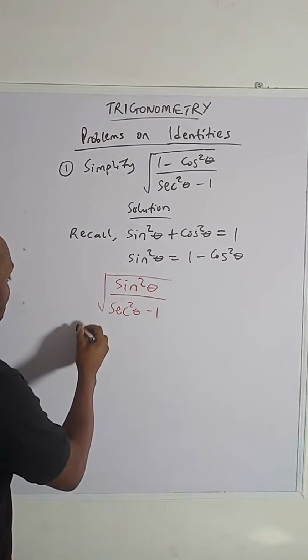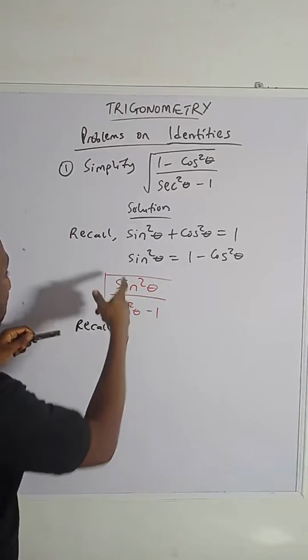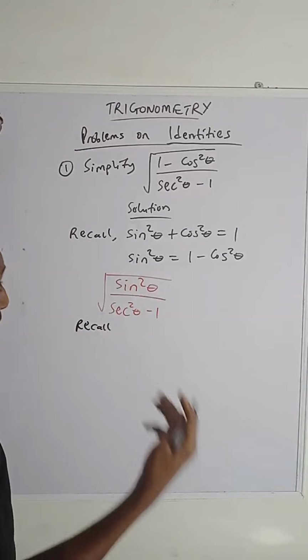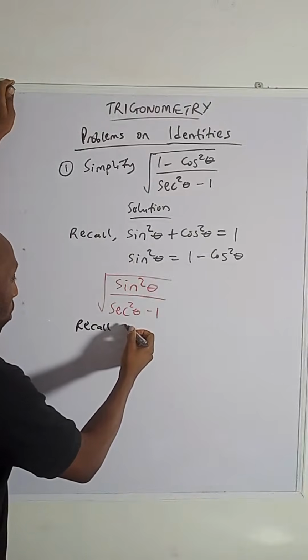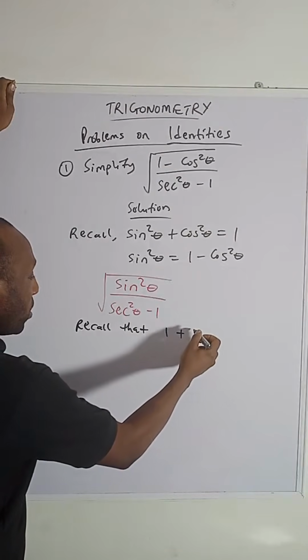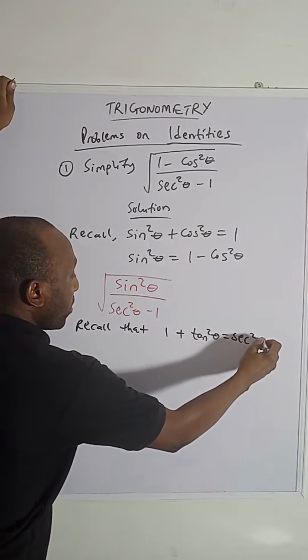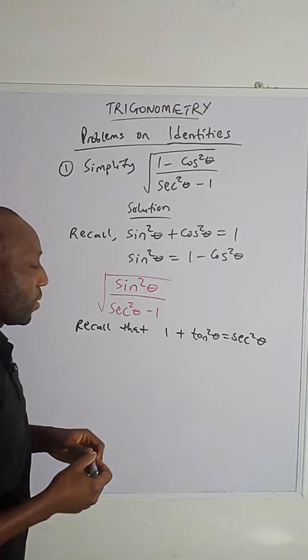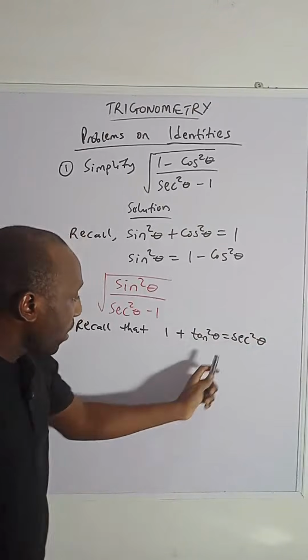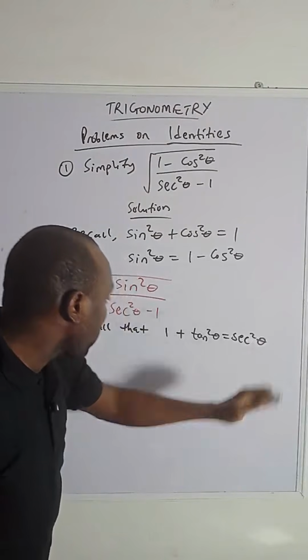Recall that 1 plus tan square theta is equal to sec square theta.